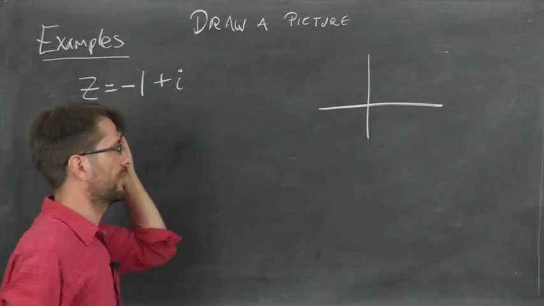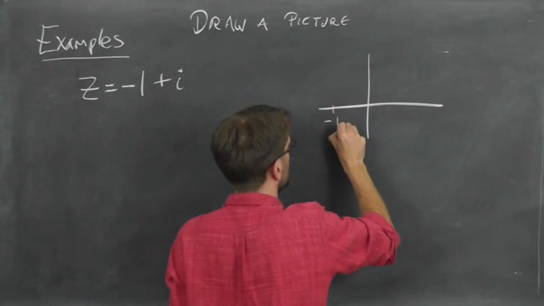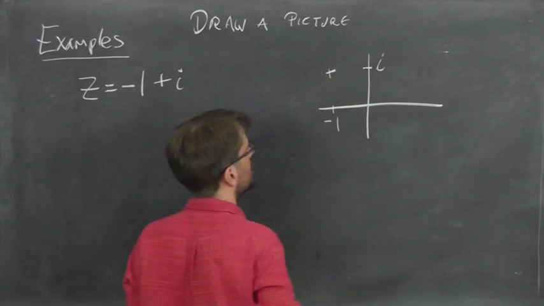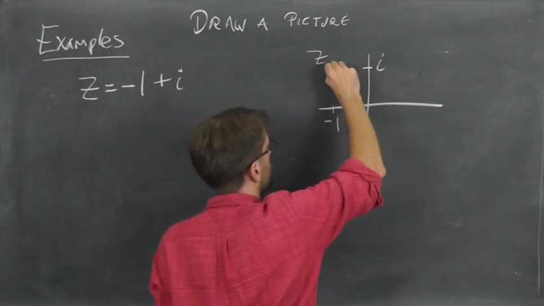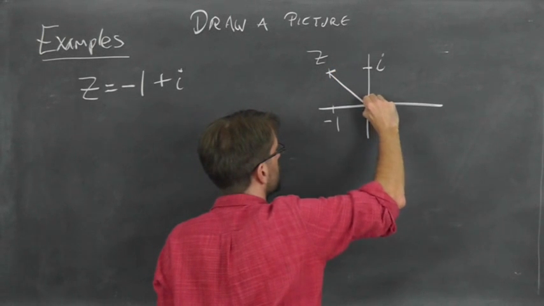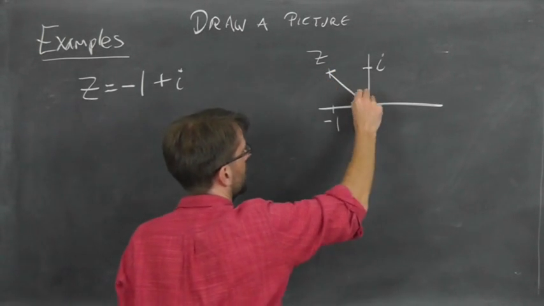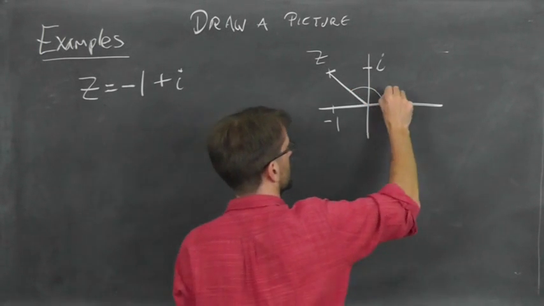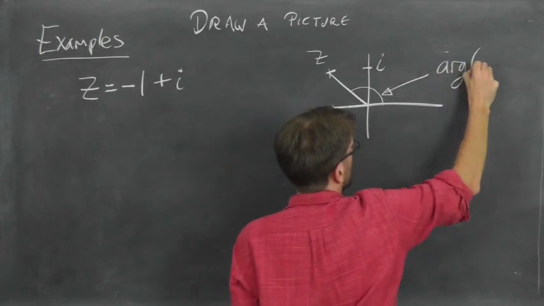So we draw it on our Argand plane. So we've got -1, say there, and I is there. So the number we're after is that point there. So that's our z. And we can draw the line joining it to the origin. So the modulus is just the length of that line, and the argument, the principal argument, is that angle there.